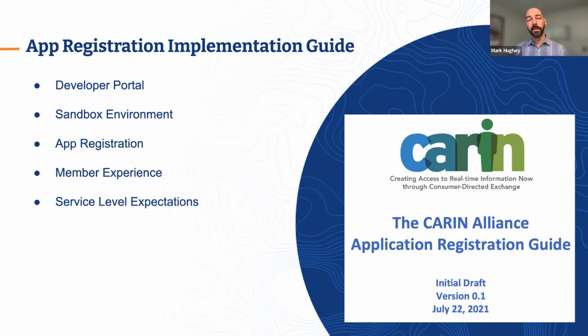Member experience. So the patient access rule specifics are largely silent on payer member workflow. And because there are certain provisions and policy decisions that are at the discretion of the payer, and those things can have a really big impact on the patient experience, the guide makes a number of recommendations on things like multi-factor authentication, token life, how to orchestrate the ability for a user to revoke access if they decide to do that at a later point.